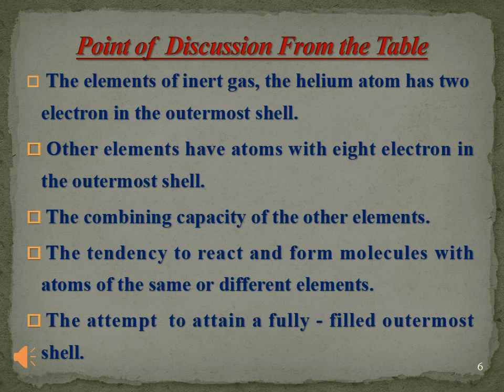So the combining capacity of the other elements, that is the tendency to react and form molecules with atoms of the same or different elements, shows that attempts are made to attain a fully filled outermost shell.